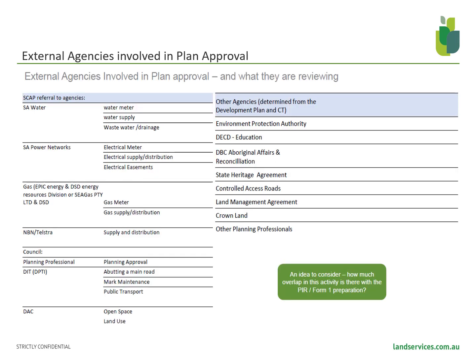This slide presents a list of the relevant external agencies and authorities that must review SCAP applications, such as SA Water, SA Power Network, Gas, NBN, Council, Department of Infrastructure and Transport.